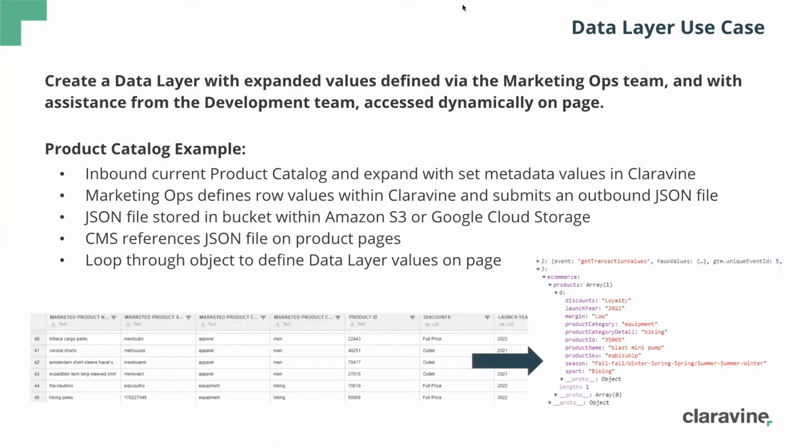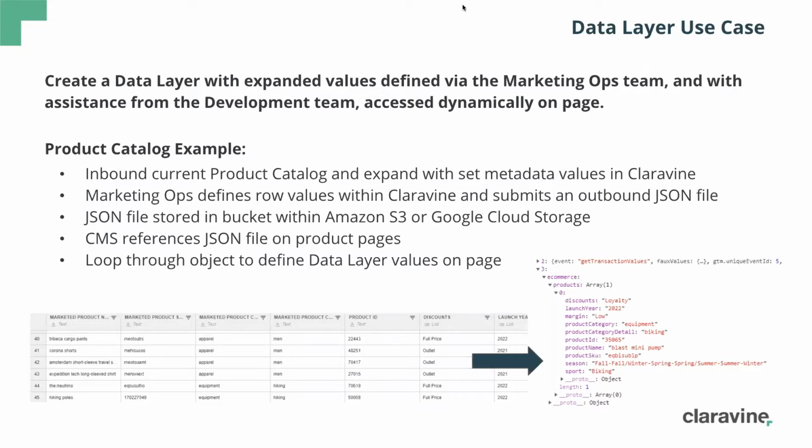So the steps we're walking through today are basically, we'll inbound your current product catalog. We're going to expand those values. That would be, we'll show how marketing ops would do that. And then basically using Claravine's inbound and outbound integrations, you can outbound out to whatever cloud storage environment you would like, your CMS references, the JSON file.